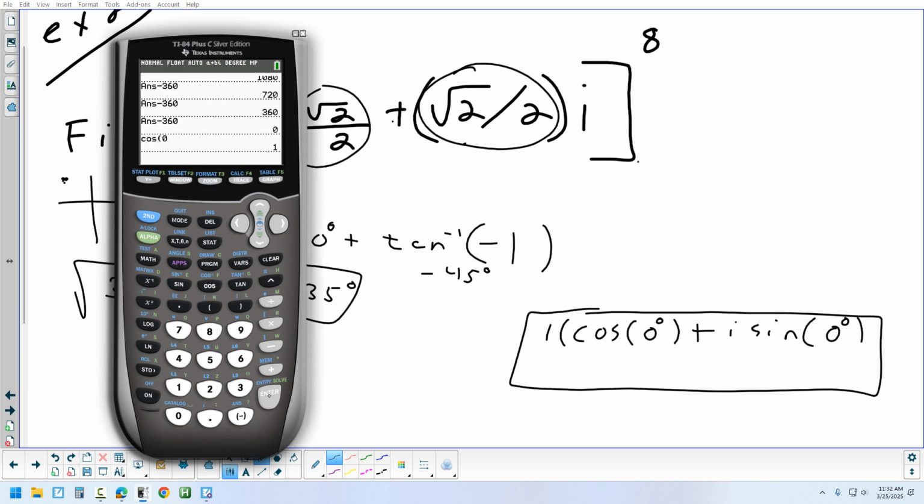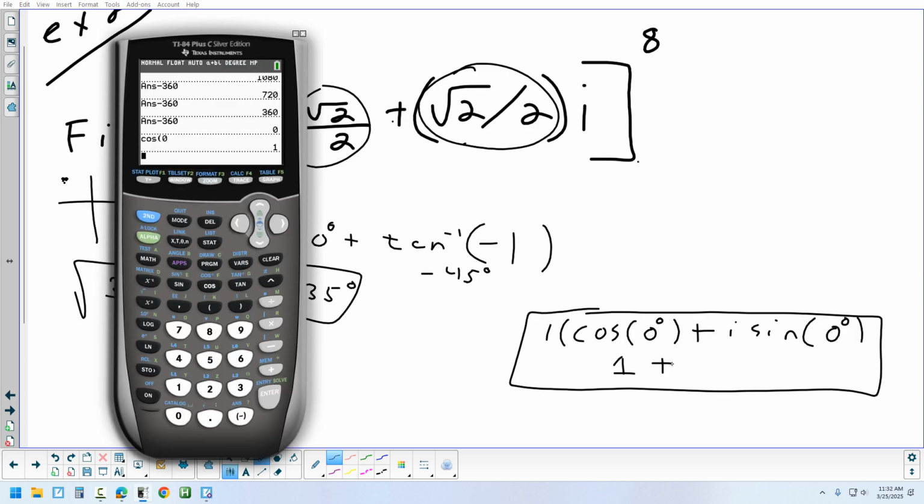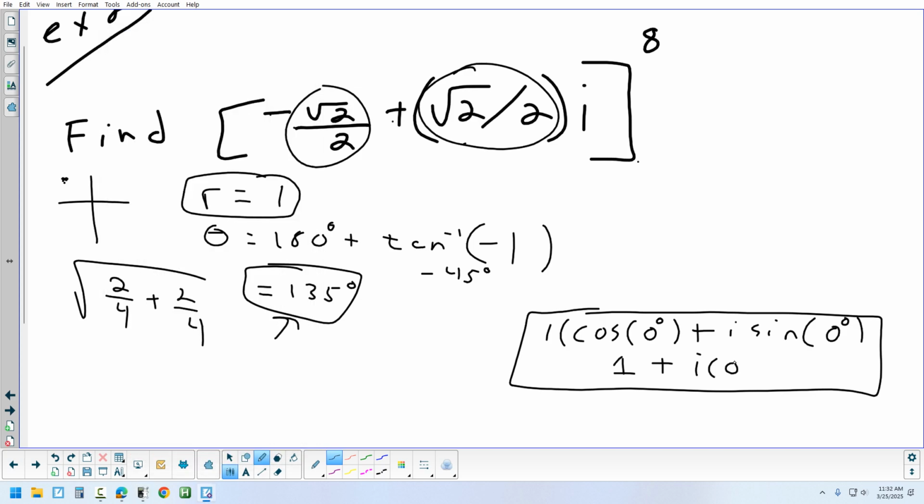Cosine of 0 is 1 plus, and then the sine of 0 is 0. Since the sine of 0 is 0, that wipes out the imaginary part. And the final answer is just 1. So raising this to the 8th power, you get 1.